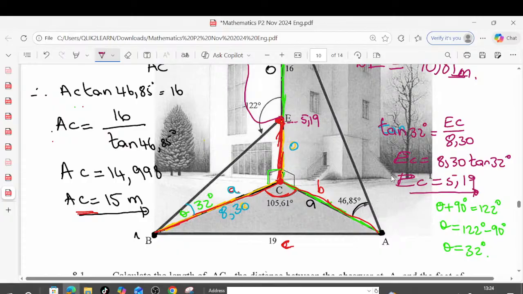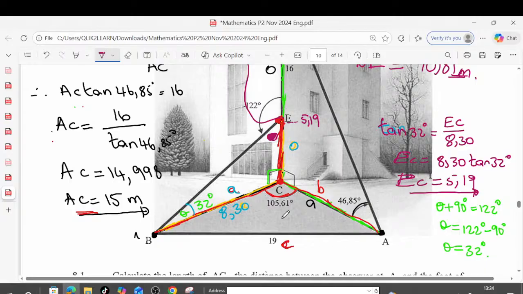Because we can find this angle here. You are right, we can find that angle using angles on a straight line. I agree with you on that. But looking at this problem, we don't have any other sides. Otherwise, I'm happy that we've managed to answer all the questions on this paper.